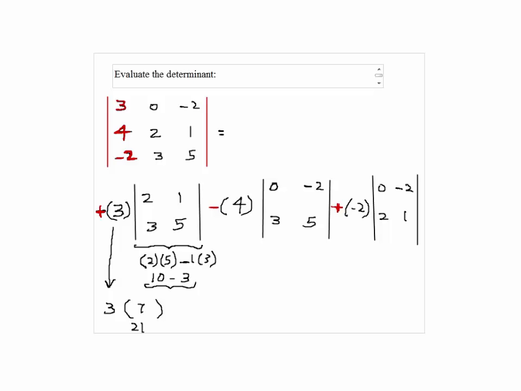Alright, let's take turns and evaluate the next one. Vanessa, you asked this question and I don't get any response from you. Are you still there? Can I see a check mark next to your name if you're there? Alright. Arden, can you tell me what would be the second 2 by 2 determinant here?